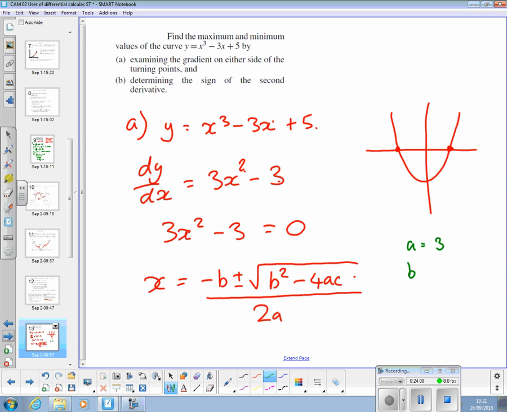Quadratics are in the form ax squared plus bx plus c.